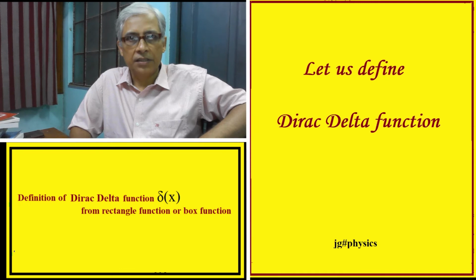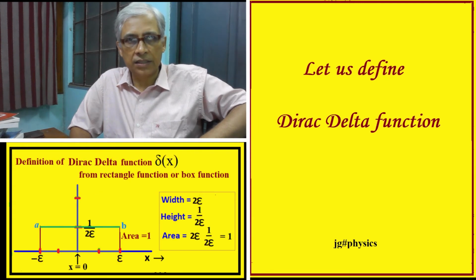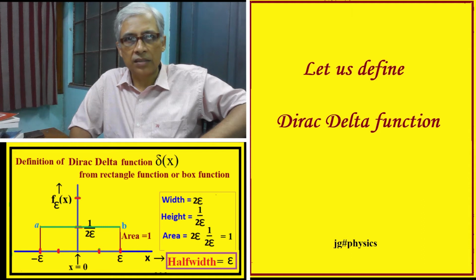The left slide is the summary of what we have defined and stated just now about the rectangle function f of x with the half-width epsilon as its subscript. Let us focus on the right slide to move ahead.